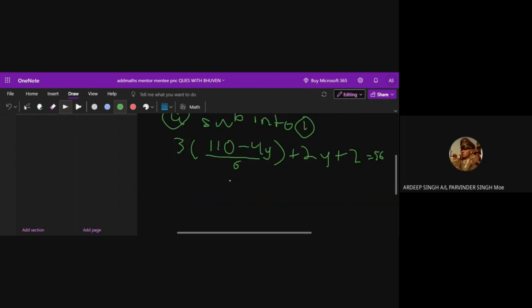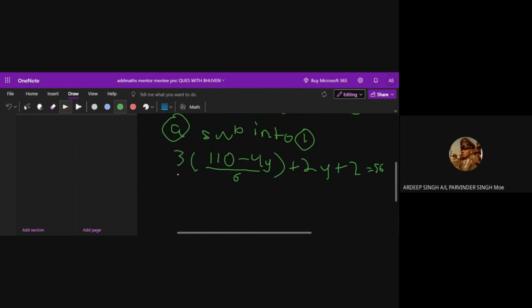Now I want to teach you a simple method to make it easier. 3 is a factor of 6, remember, 3 times 2 is 6. So I get (110 minus 4y) divided by 2, plus 2y plus z, equals 56.